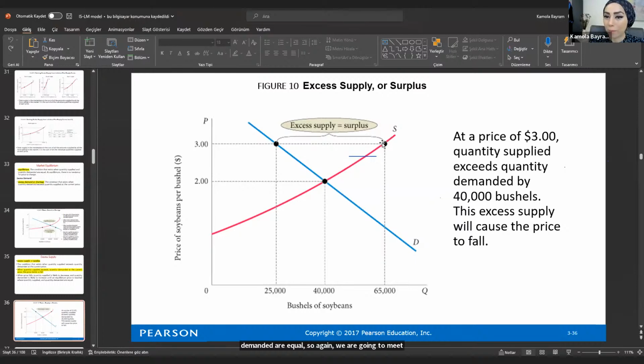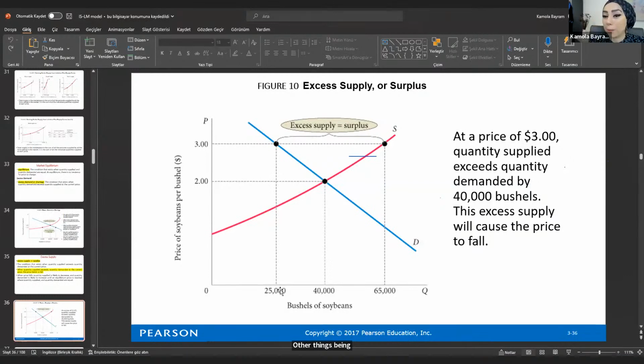So here we have excess of supply. When the price is 3 USD, the supplier wants to supply 65,000 bushels. However, the consumer can afford to buy only 25,000 bushels for that price. Other things being equal, ceteris paribus again.